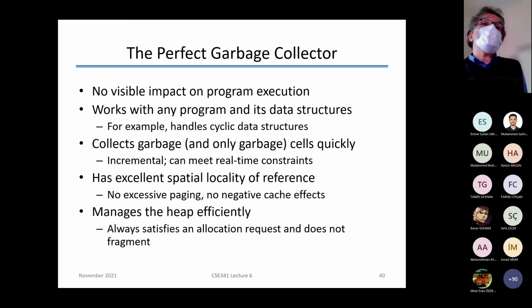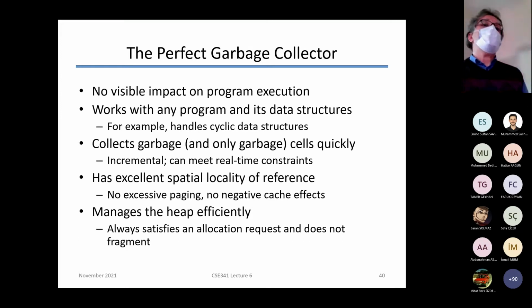Again, the perfect garbage collector should work with any program and any data structure. It should collect garbage quickly, and it should have excellent spatial locality of reference. So things should be clustered together. Meaning, if I have 5 variables that I'm using in this part of the code, those 5 variables should be within the same area in the heap so that thrashing doesn't happen.